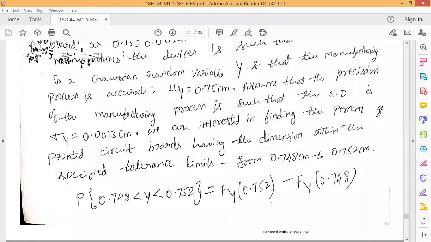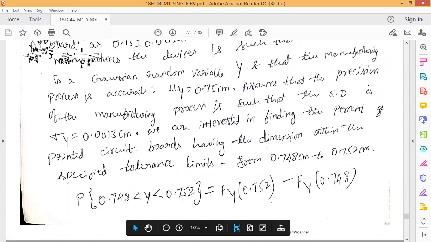The values will keep varying. For this example, the dimension itself represents the independent variable values, and it is also specified that y is a Gaussian random variable. So for that reason we are writing the probability of 0.748 less than y less than 0.752.